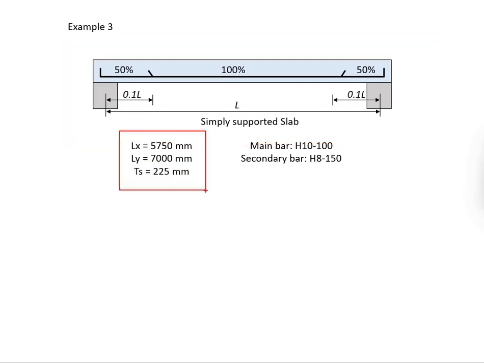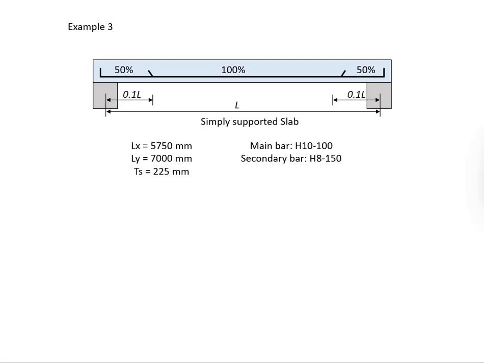Given the dimensions of the slab, Lx 5.75 meters, Ly 7 meters, and the thickness of 225 mm. Remember, the thickness exceeding 200 mm, you will use a different approach to determine the maximum bar spacing.